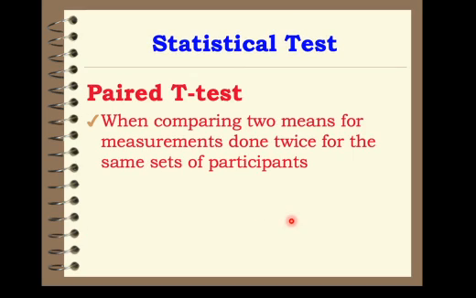Now, just would like to mention that there is such a thing as a paired t-test. Paired t-test is used when you compare two means for measurements done twice for the same sets of participants. A while ago, we talked about the t-test. That's also called an independent t-test or a student t-test.